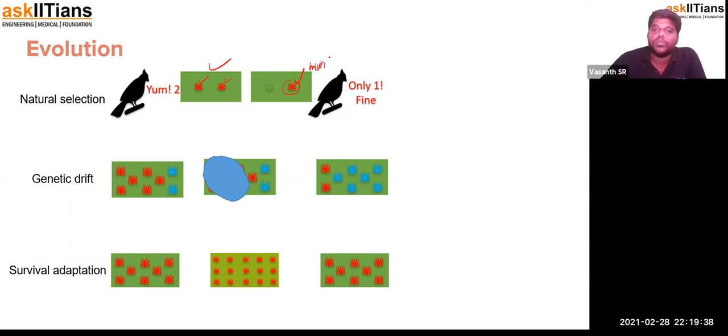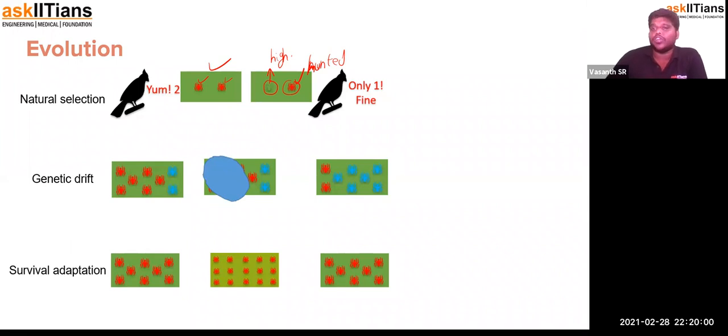As a result, the number of organisms of this particular color will be high. So this is how organisms naturally get selected. This is because of natural selection.